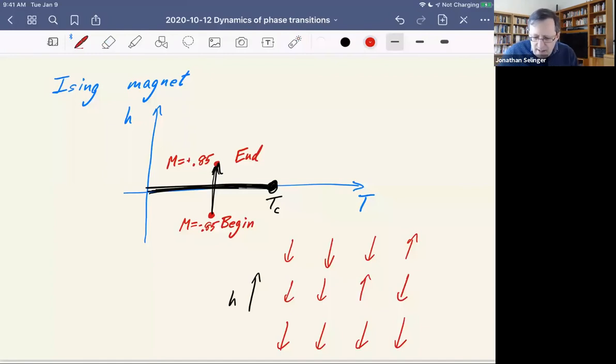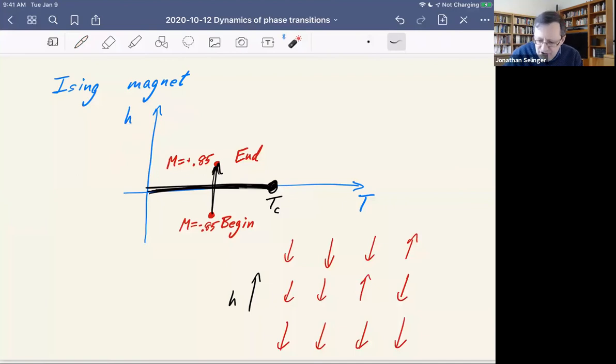We could think about this in terms of the free energy plot also. So remember, we know how to plot the free energy as a function of m at any point in the whole phase diagram.